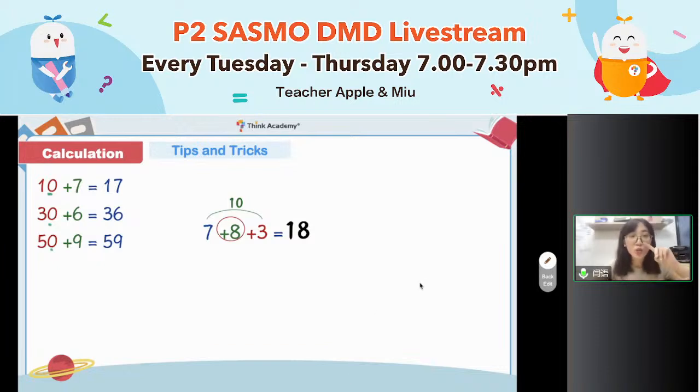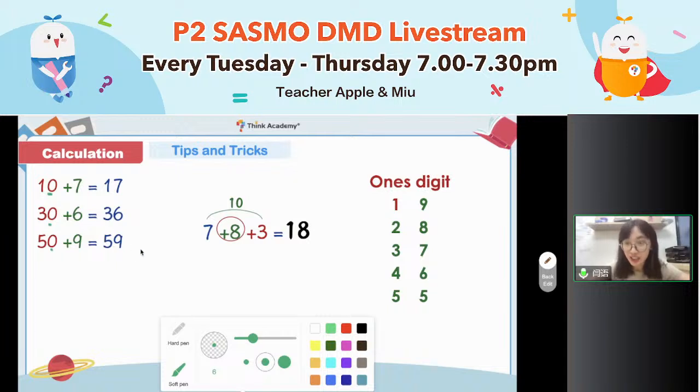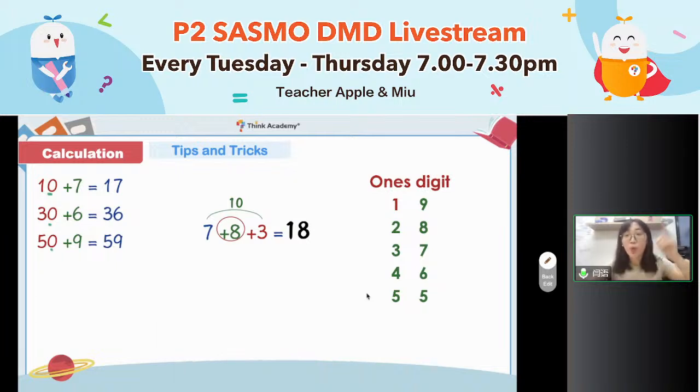Okay, now let's try to review some good friend pairs. Pay attention to the ones digit. Ones digit, that is the last digit, okay? As long as you find a 1, try to find its best friend, which is a 9. And then we have 2 and 8, 3 and 7, 4 and 6, and then 5 and 5.